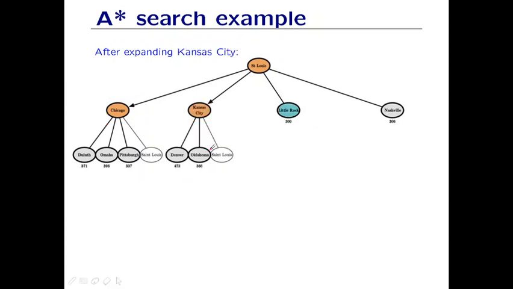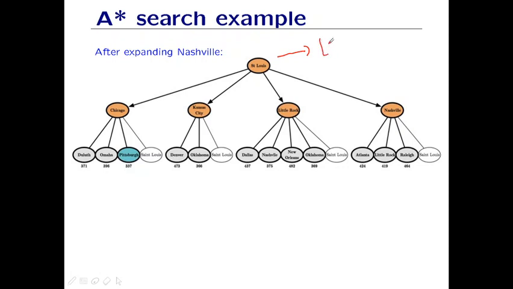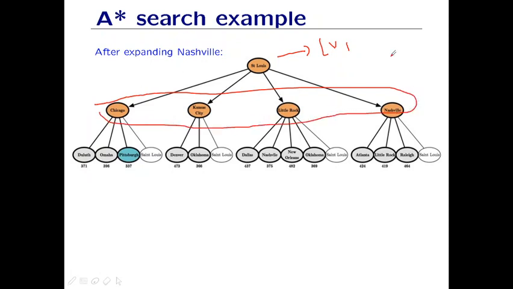Now as you have done this, you're going to check which is the smallest heuristic number between those. As you can see, 300 is the smallest heuristic number. So you will expand this, and the last one you will expand this. So A* search basically goes level by level. This is your level 1, and this is your level 2.